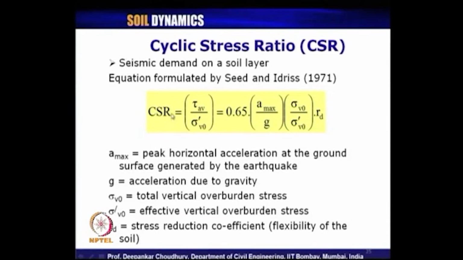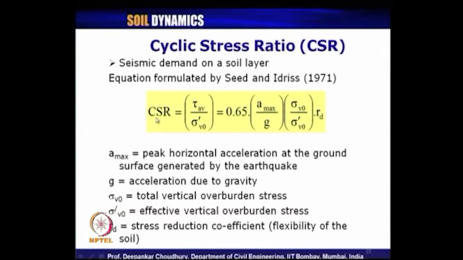The expression to compute the CSR is given like this. It equals the average shear stress developed divided by the effective vertical stress at a particular depth.